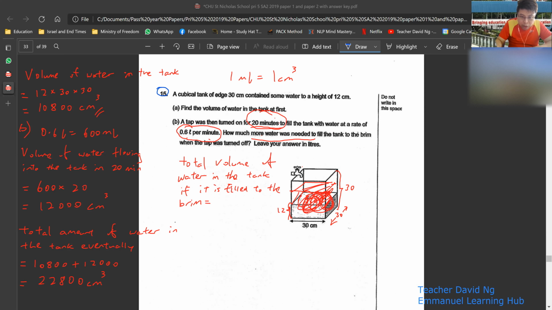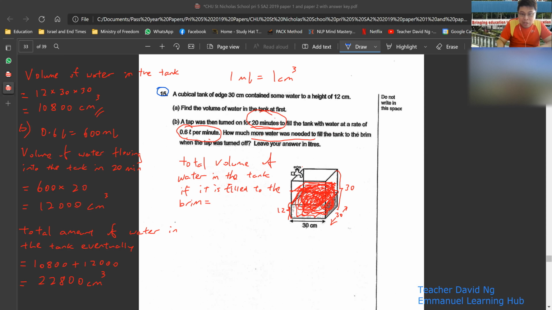So the volume of the water inside this tank right now is 22800. That one you agree. Filled to the brim means everywhere is filled. So there's still some space here, right? Because the water right now is not filled to the brim, there's still some space here.